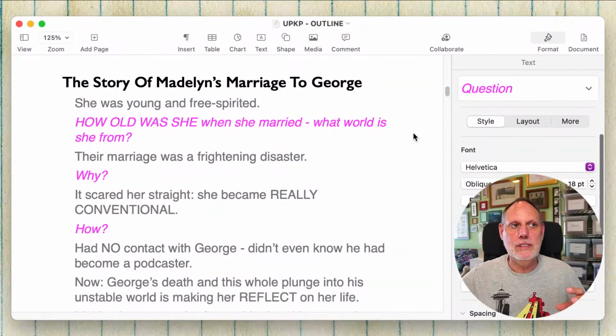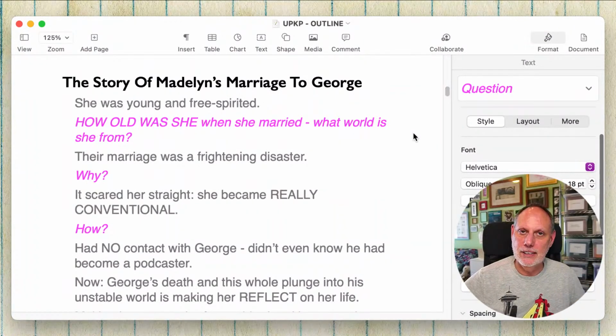And what I wanted to do was figure out a way that we could have her married to somebody as nuts as George, because we need George to be nuts to provide us with an obsessive, crazy amateur crime solver who will have found the secret to the serial killer's identity. So we need that. So therefore, George has to be kind of a nut. So the question is, why was Madeline married to kind of a nut?